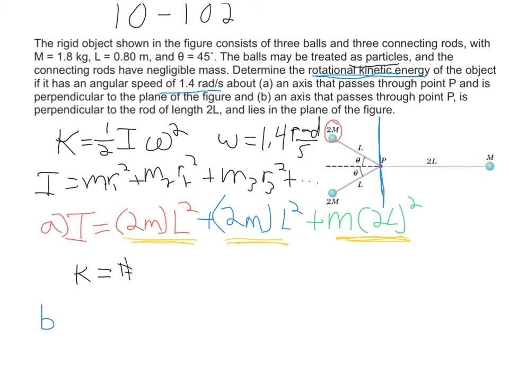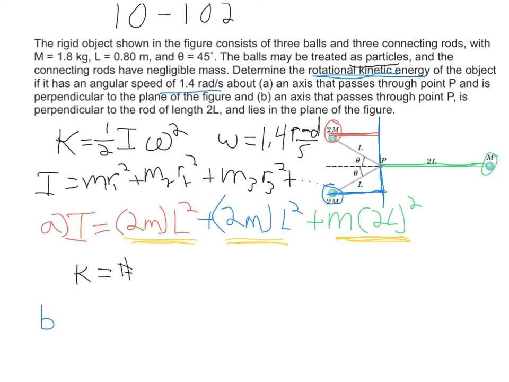We have 2m once again, but now our L distance is the perpendicular distance. Its shortest distance to that axis of rotation would be there. Similarly for this mass, 2m, our distance would be this distance here, and then lastly our single m out here is still the same distance, 2L away.